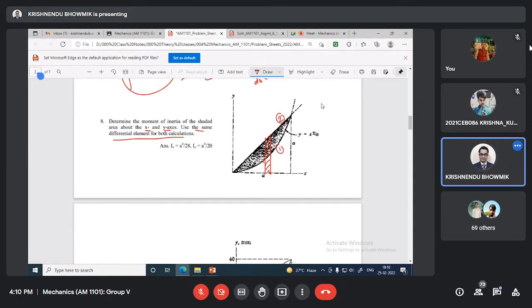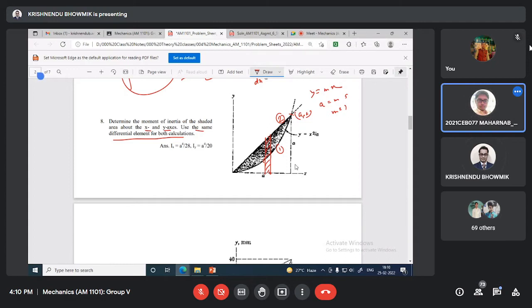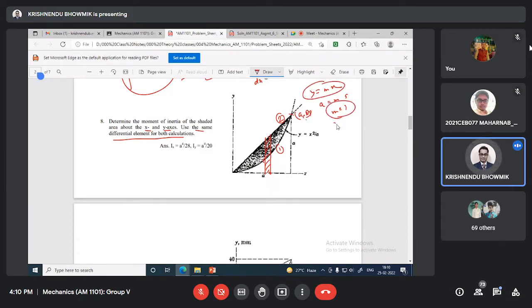So y equal to mx. This point is a comma a, so a equals m times a, so m equals 1. Yes, you are right. So this is y equal to x.